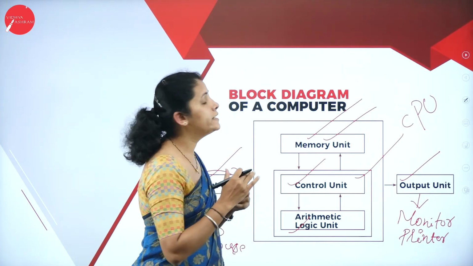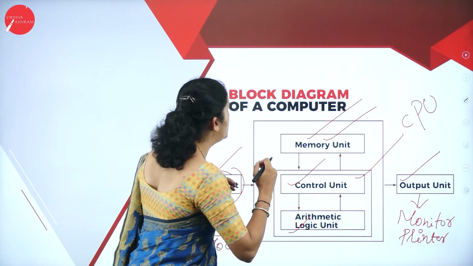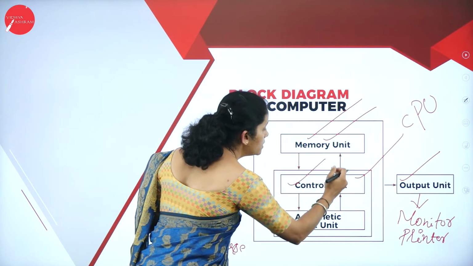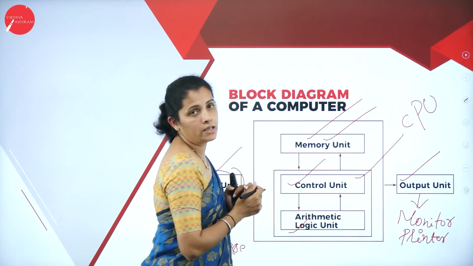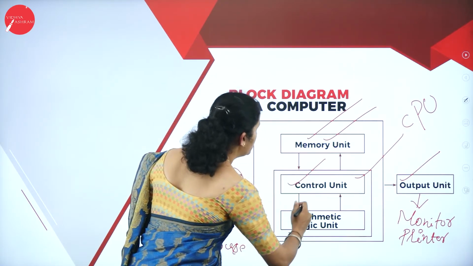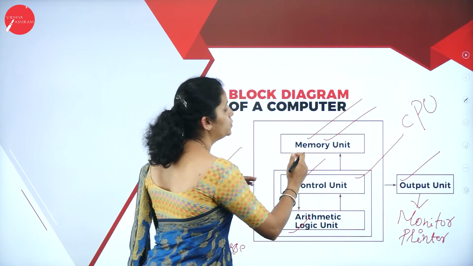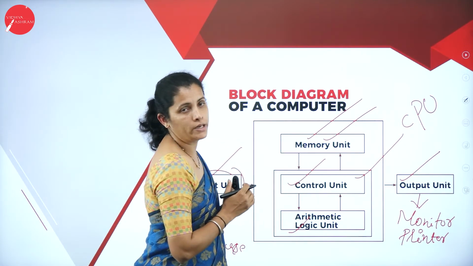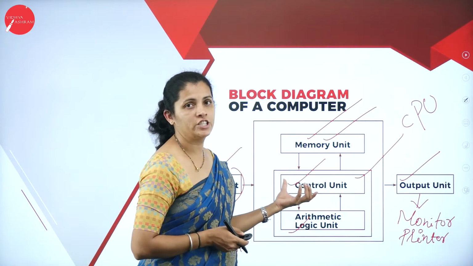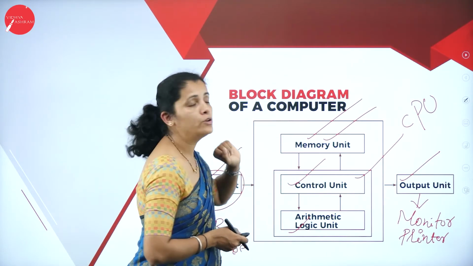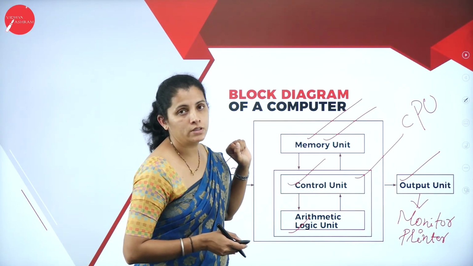And all the data flows between memory to control unit and control unit to arithmetic unit, from arithmetic unit to control unit and memory unit, and all the devices are connected to each other. So this is all about the block diagram of a computer system.